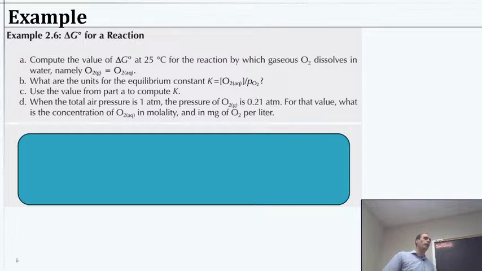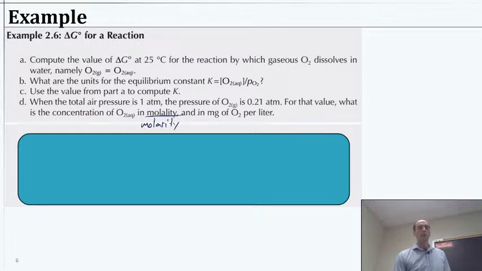So just answer in molarity. Don't worry about the molality stuff. Molality is 1 mole per kilogram of water, and so we need the density of water at 25 Celsius, which is slightly under, so it's very close to molarity. We're just not going to worry about that. The solution will do that, but calculate that for molarity.